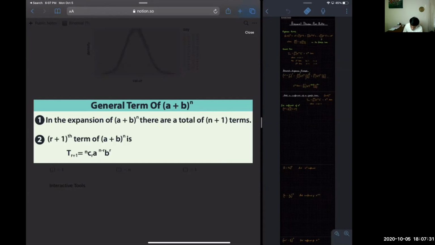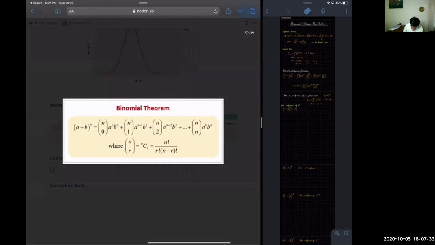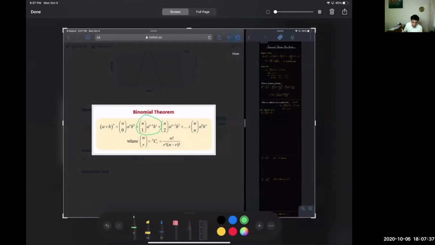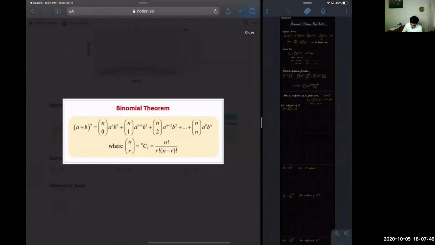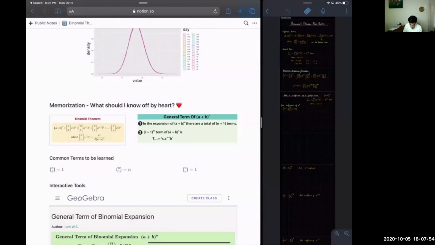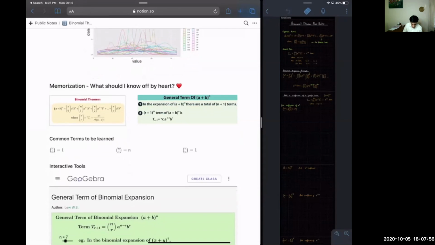If you struggle with the memorization, you can take a look at this term here and use that to derive the coefficient or the general term. But if not, then this one is quite useful, and I'll show you when we go through the examples why it's useful. I'm not going through the theory. You guys should know the theory by now. We'll just go through application today.